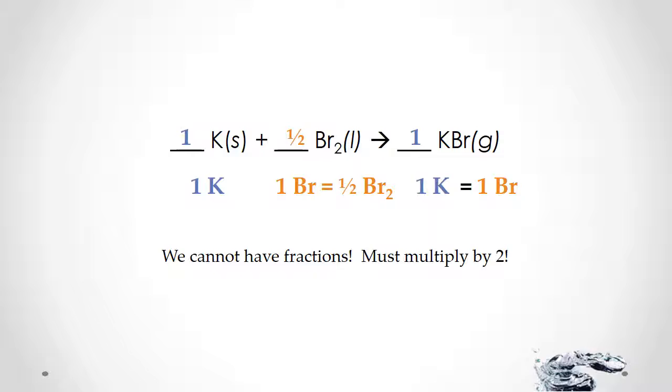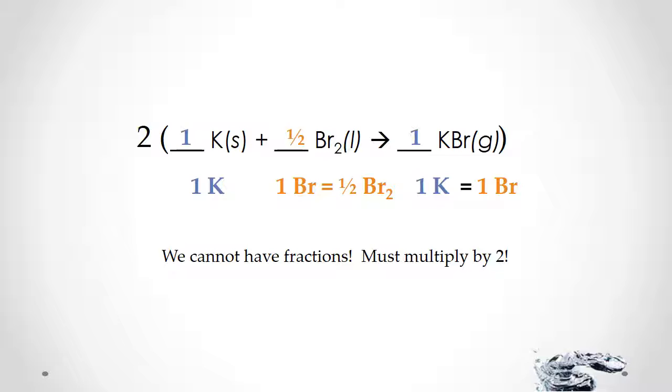We cannot have fractions in our equations when we balance them. So if I have a half fraction anywhere in my equation, I have to multiply by 2 in order to get rid of that fraction. I'm going to multiply the entire equation by 2 in order to get to the right product.